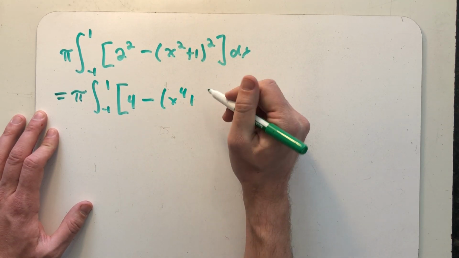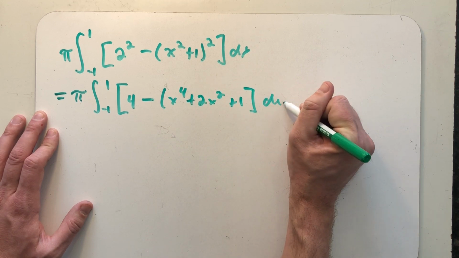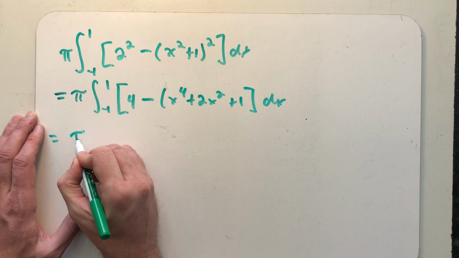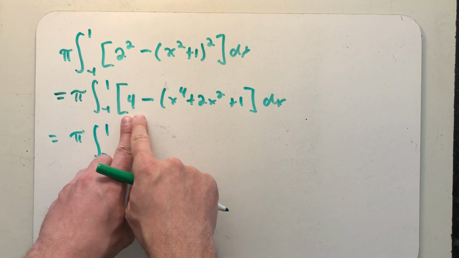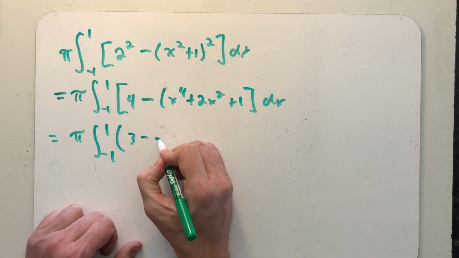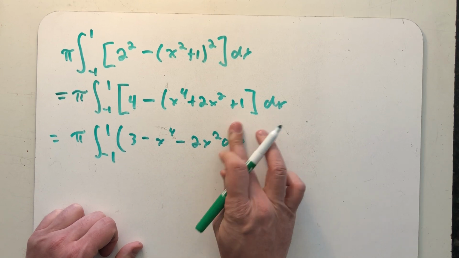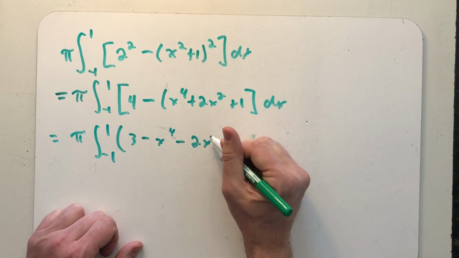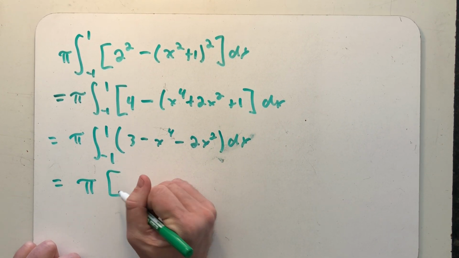So x to the fourth plus 2x squared plus 1. And I end up with a 4 minus 1 here, a 3 out front, minus x to the fourth, minus 2x squared. Let's find an antiderivative and see what happens next.